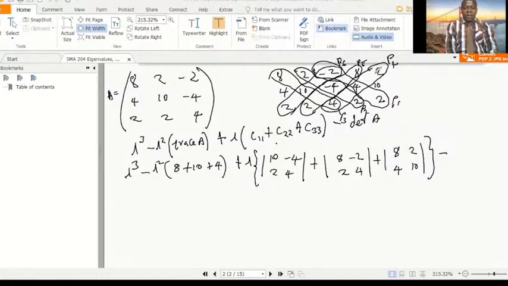Okay, use your calculator. This would be lambda cubed minus 22 lambda squared plus 156 lambda minus 360. This is the characteristic polynomial. Equate this to 0 and solve for lambda.